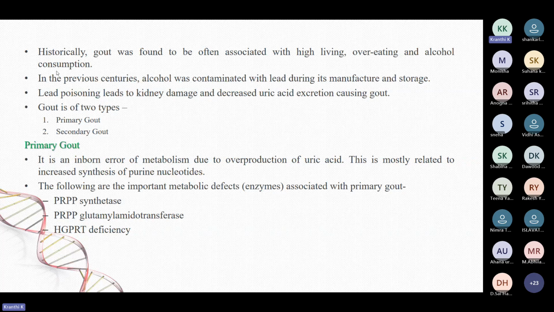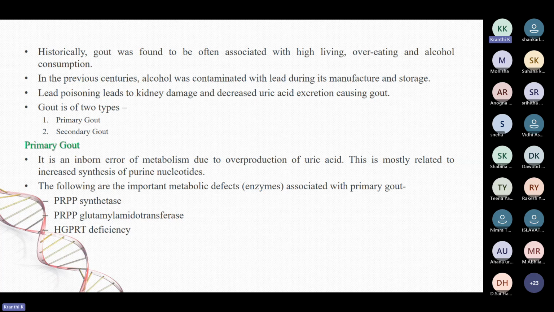In previous centuries, alcohol was contaminated with lead during its manufacture and storage. In the olden days, they used lead in the preparation of alcohol. Lead poisoning leads to kidney damage and decreased uric acid excretion, causing gout. Even nowadays, non-standard alcohol drinks contain lead.